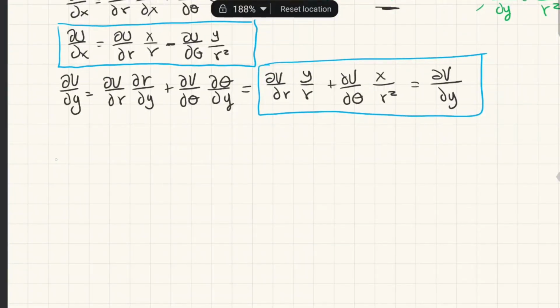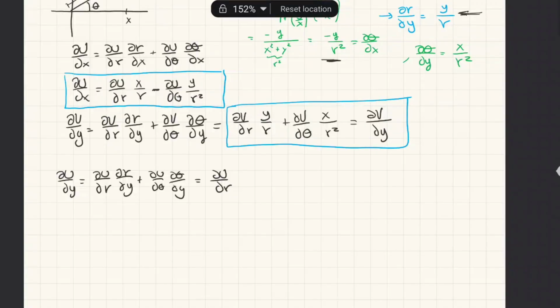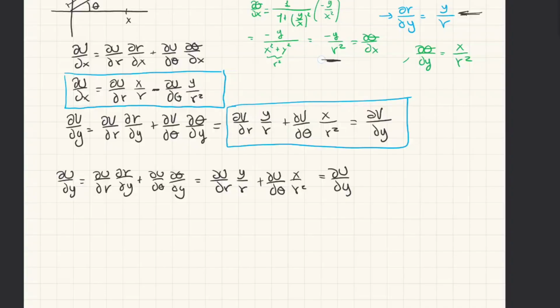So the derivative of u with respect to y is the derivative of u with respect to r, the derivative of r with respect to y, which is y divided by r, plus the derivative of u with respect to theta, and the derivative of theta with respect to y, which is x divided by r squared. So this is this. Okay, let me circle.